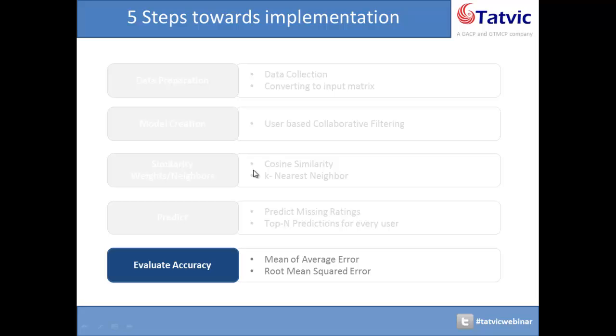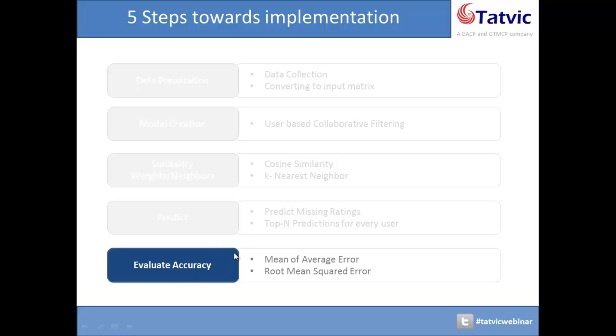But we don't know about evaluation of the recommender model, because evaluation of a recommender model is a very important part of the modeling process. The more accurate our recommender model is, the better predictions it will give, and ultimately we want to recommend those items to our customers which they like. So this step is very crucial.